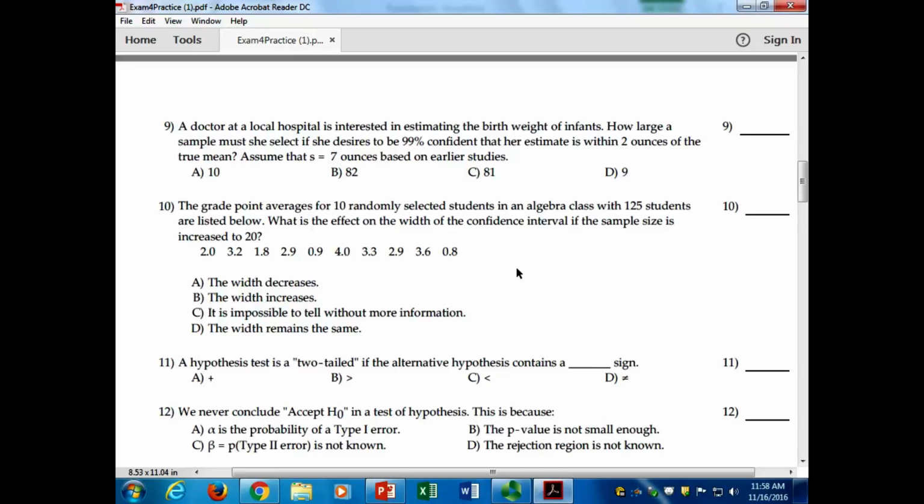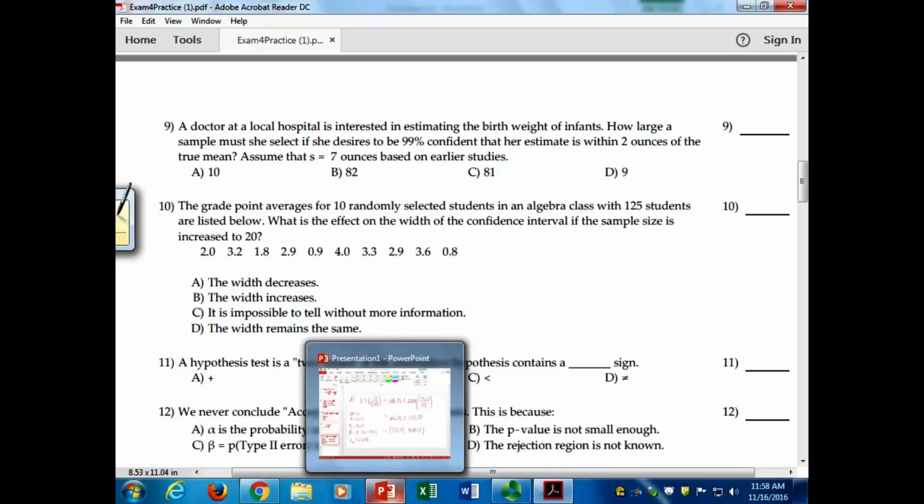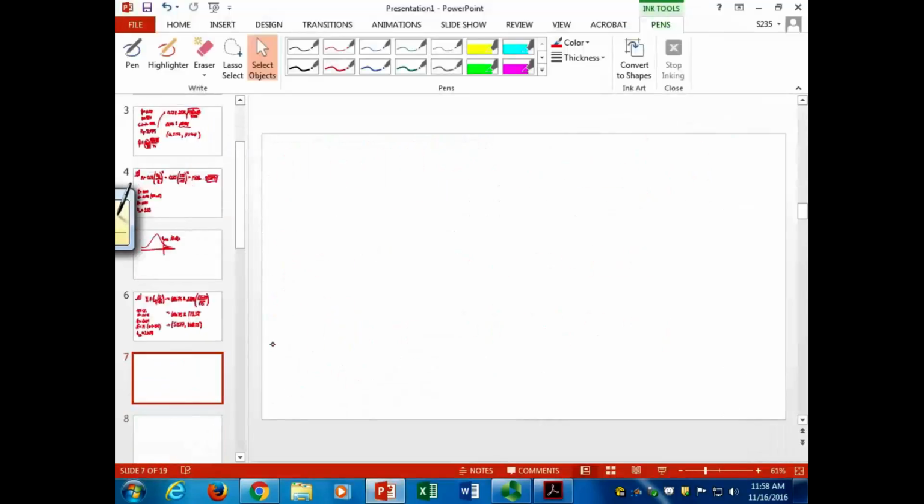Okay. So 9 is another sample size estimate, right? It's saying try to figure out a sample size that'll get our margin of error down to 2 ounces. But now we're talking about estimating averages, so we're talking about means. So our sample size formula is Z alpha over 2 times S over E, squared.